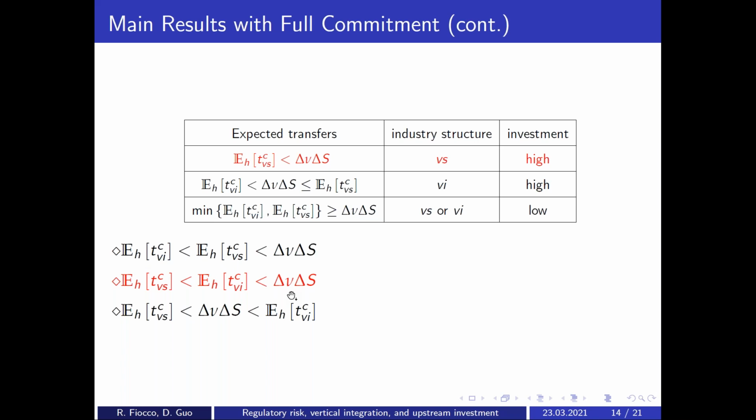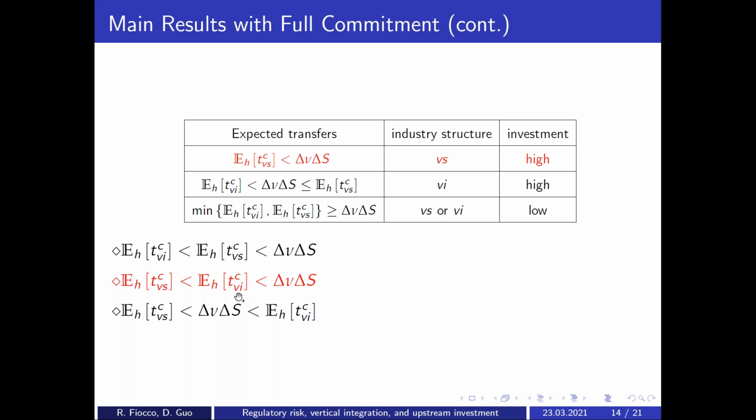So I think this subcase is mainly related to some calculational result. So even though the transfer is higher under vertical integration, actually the expected utility is lower under vertical integration. This is why also in the second subcase, the firms would like to stay vertically separated.